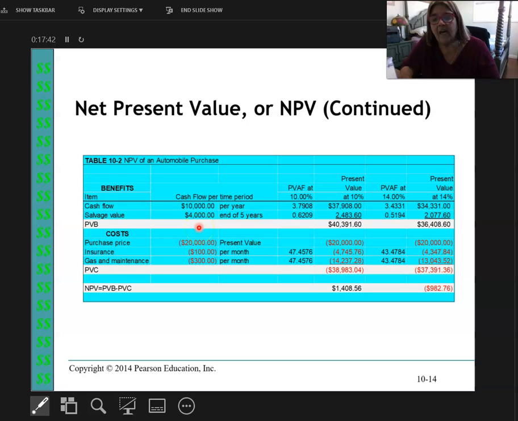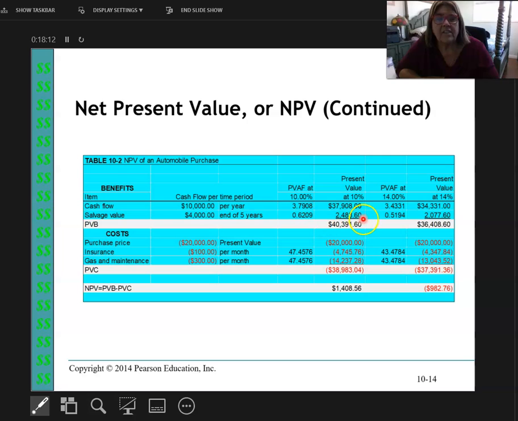Now salvage value. At the end of the 5 years, I can sell the vehicle for $4,000. So in this case, I'm looking at what that $4,000 is worth to me now. I'm sorry, this is a different chart, actually, guys. I don't mean to confuse you, but this is the future value, because I'm going to get 4,000 in the future.